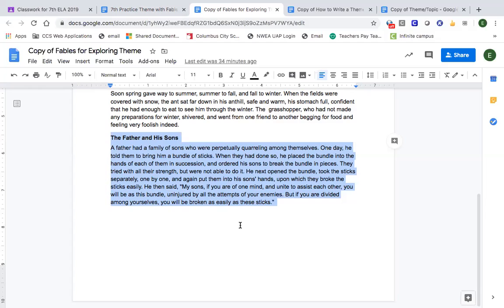Okay, so let me translate some of this. A bundle of sticks is a grouping of sticks. So he handed this bundle to each of the sons one at a time. And he's like, okay, son A, you try to break the sticks, and he couldn't. Okay, son B, you do it, and so on. But then he handed out the sticks individually, so each son had one stick and they easily broke it.